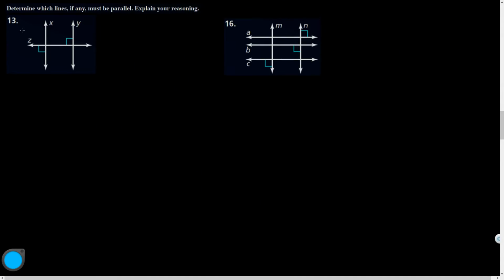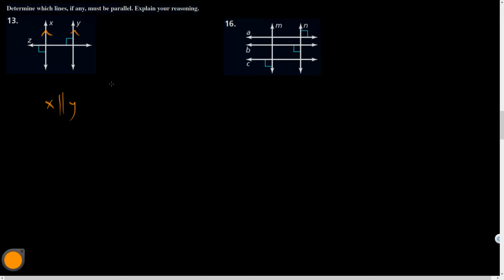All right, determine which lines, if any, must be parallel. All right, so let's see. I've got both of these are perpendicular to the same line. So x, y are parallel. Actually, I just realized I'm filming this ahead of time. I don't have the name of that theorem memorized off the top of my head, folks.